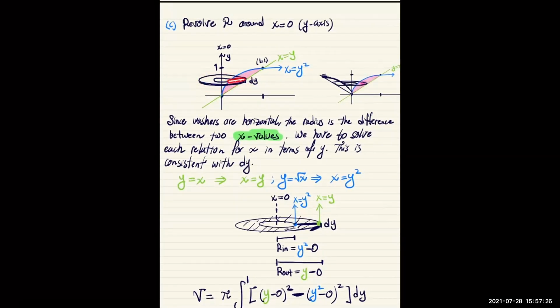So the radii are the difference between two x values. That's why we had to solve for x. Whenever someone asks you to solve for something, you have an equation, solve for x, expect a lot of difficulties. One of the most difficult things in algebra is solving the equation.